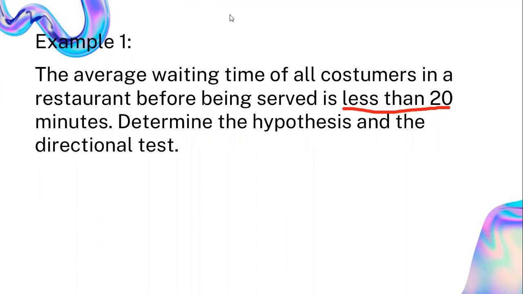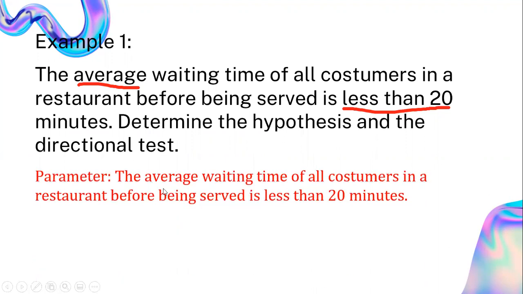So what is the word that will give you a clue? Is it the population mean, the population standard deviation, or the population variance? So here's the keyword, the word average. So if we take note of the given parameter in the problem, it is the average waiting time of all customers in a restaurant before being served is less than 20 minutes.